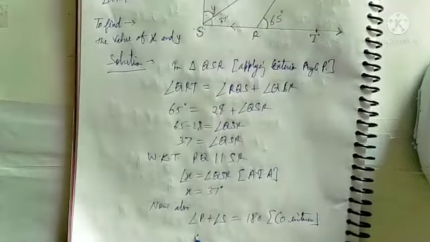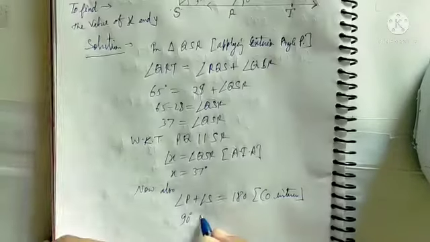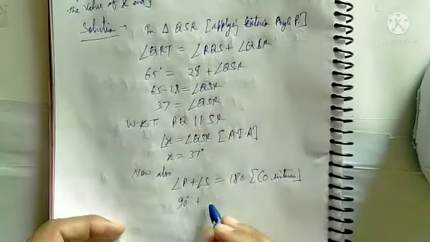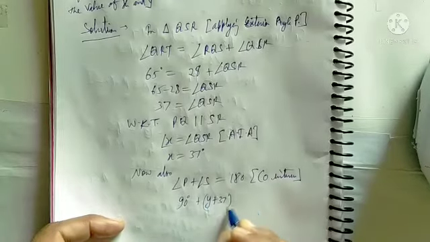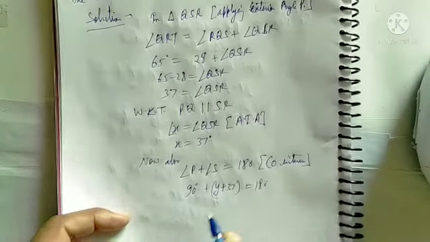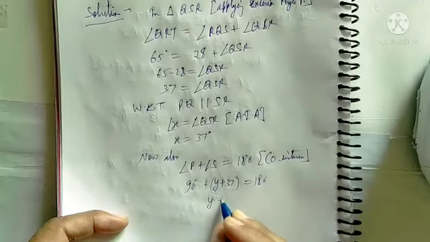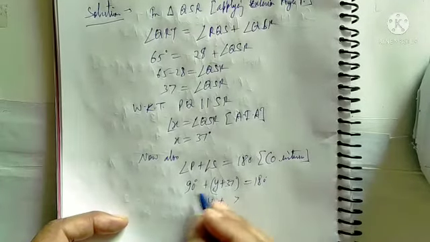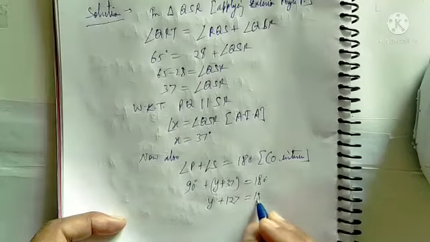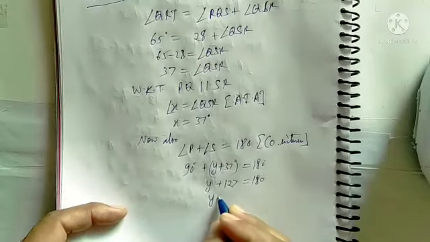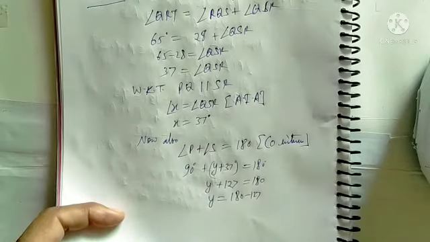So angle P is 90 degrees, it is given, plus angle S, which is Y plus 37 degrees, is equal to 180. So 37 plus Y: 7 plus 3, and 9 plus 3 is 12, so 127 is equal to 180. So angle Y is equal to 180 minus 127.